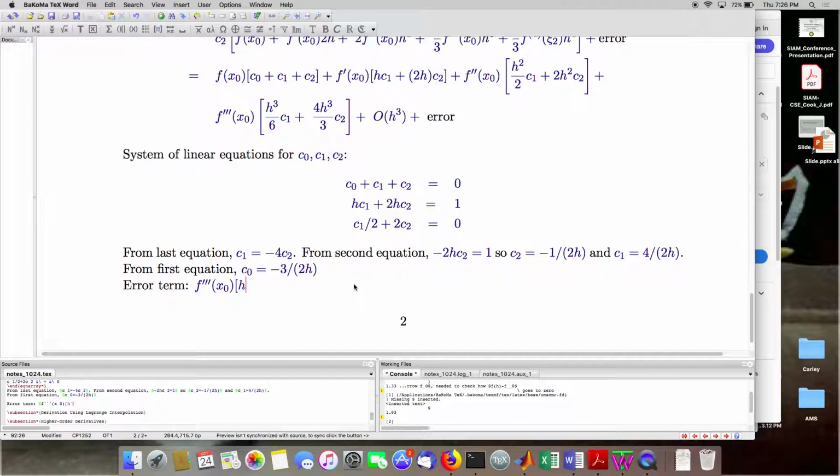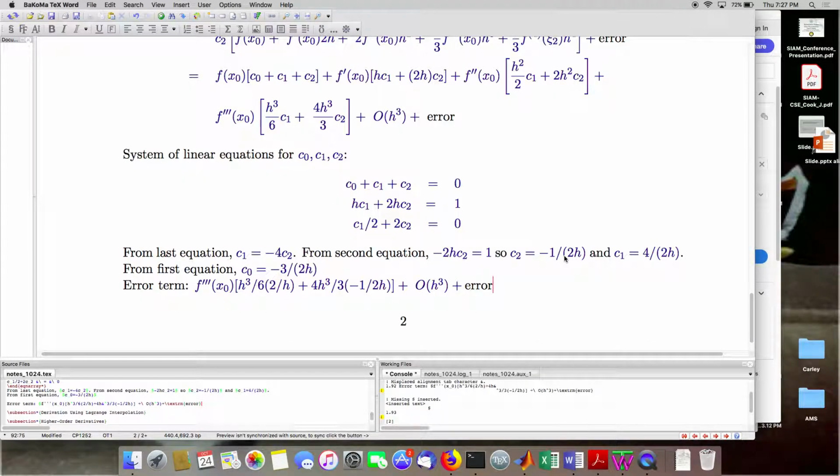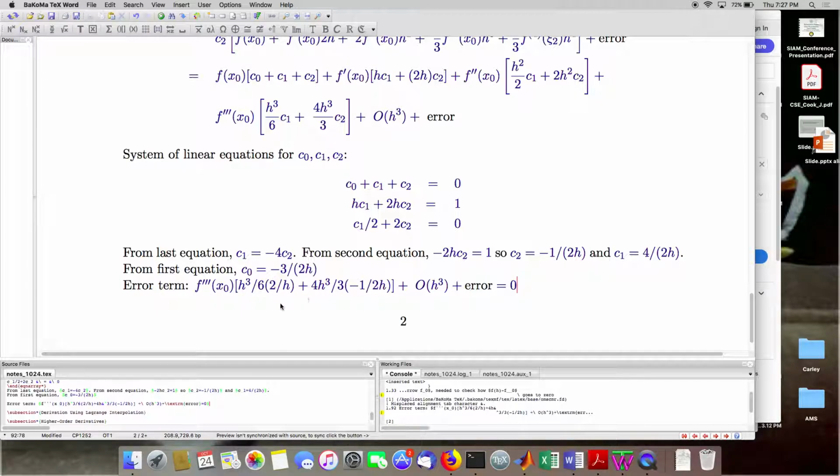So I have h cubed over 6 times 2 over h, and then I have 4h cubed over 3 times C2, which is minus 1 over 2h. Okay, so that's what I have here. So now what I need to do is simplify all of this.